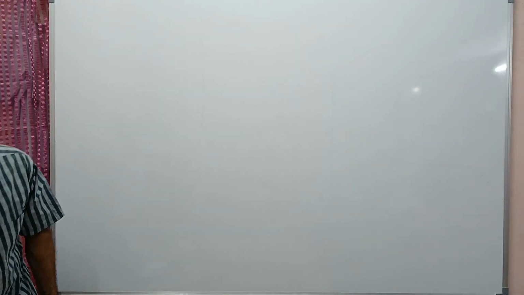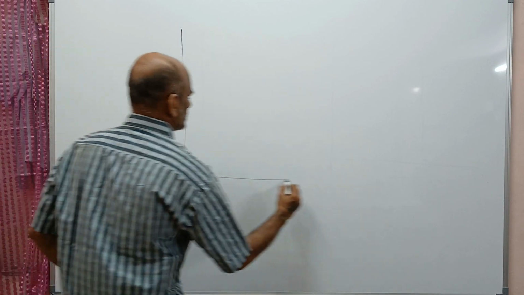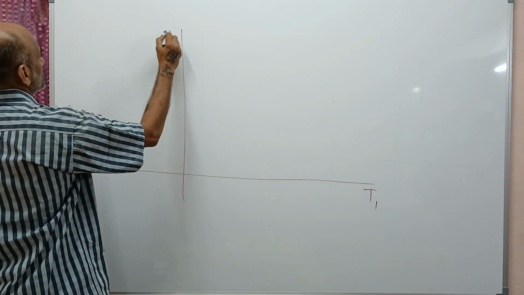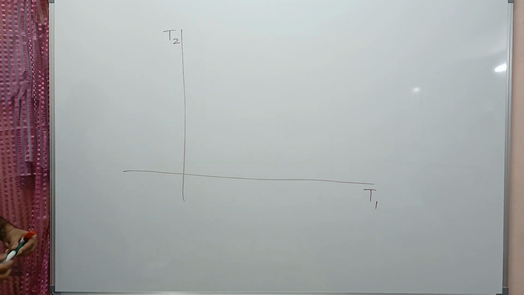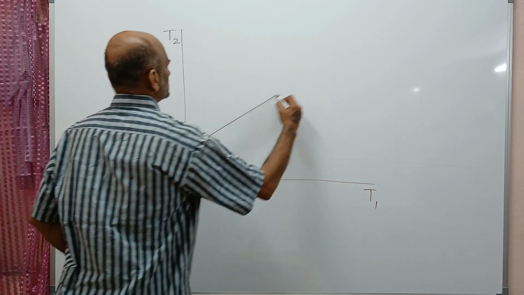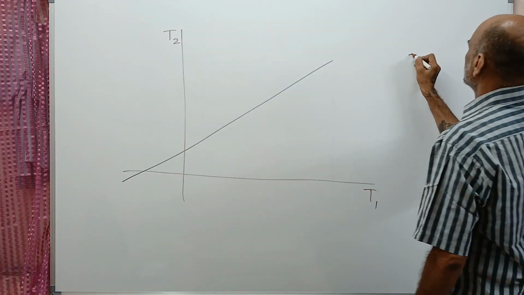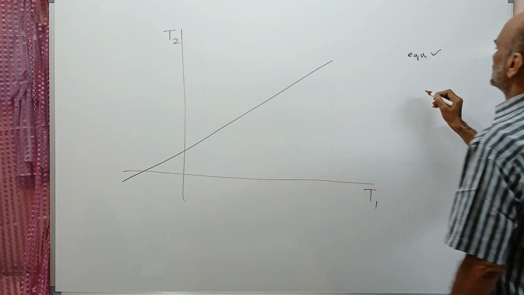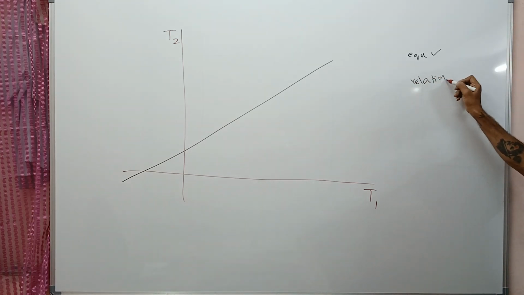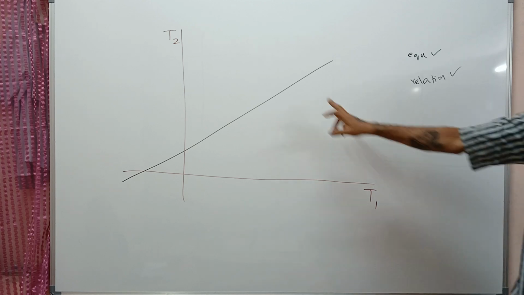So given temperature according to two different temperature scales, so if in the first scale the temperature value is T1, according to the second scale the temperature of the body is say T2, and the relationship between them, the simplest relation we can have is a straight line. So if the equation of this line is known, then the relationship between the two temperature scales is known. So finding the relationship between two temperature scales is same as finding the equation of this line.